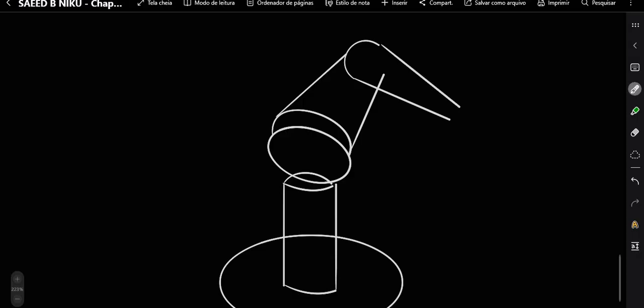This one has two links. This one link, and this other one.